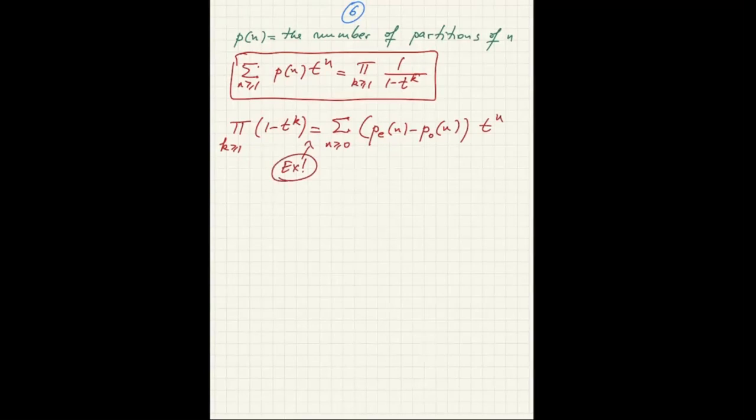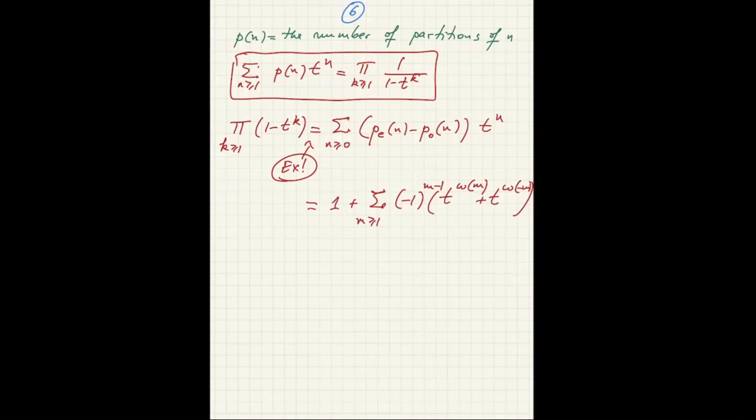And by the previous result, this actually equals 1 plus a summation over all m greater or equal to 1 of something like this: (minus 1) to the power m minus 1 times (t to the power omega m plus t to the power omega of minus m). Okay.